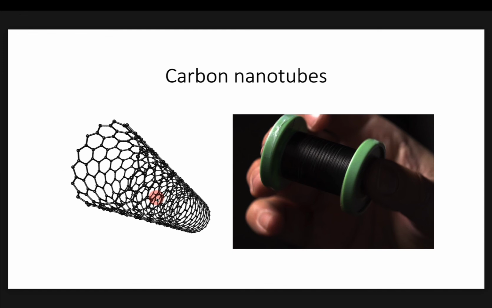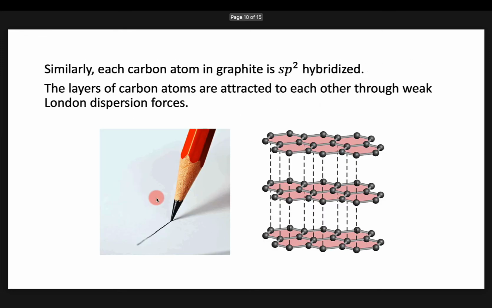So carbon is actually quite an exciting element. A lot of people think that carbon nanotubes and graphene are materials of the future. I'll just make a comment and say that graphene is just one layer of carbon atoms. So graphite is when you have a bunch of layers that are kind of stacked on each other and are weakly held together.